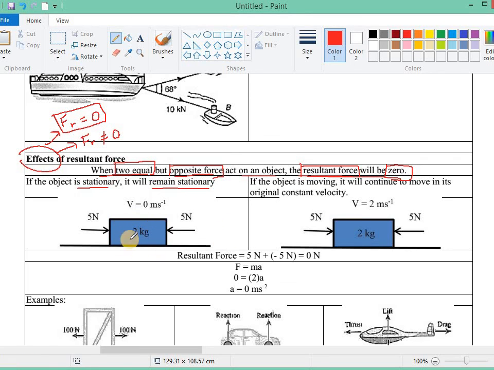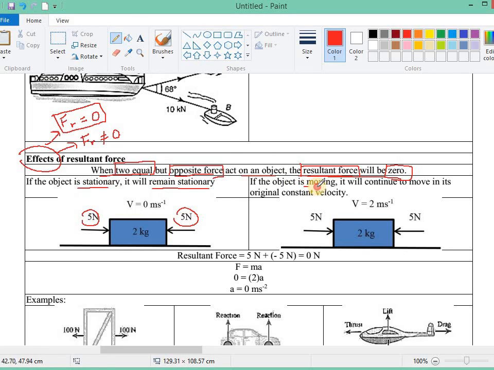For example, if this 2 kilogram object is originally stationary and you have two 5 Newton forces act on this object, then this 2 kilogram object will continue to be stationary. That means the velocity is not going to change, continue to be 0 meter per second.